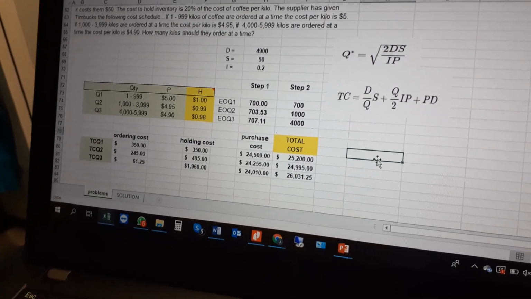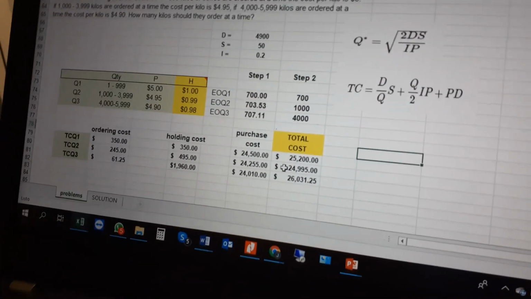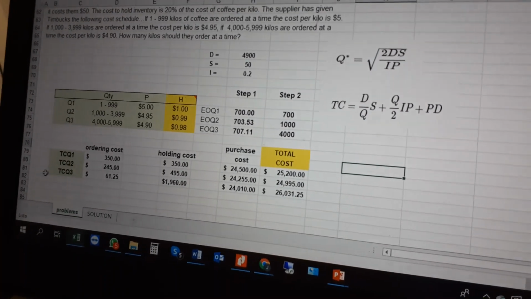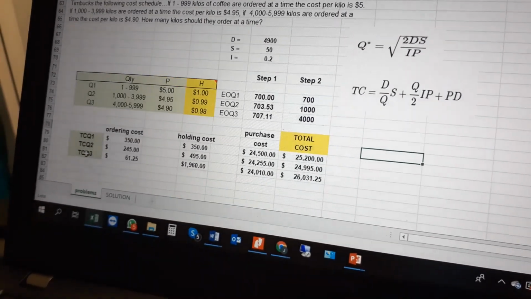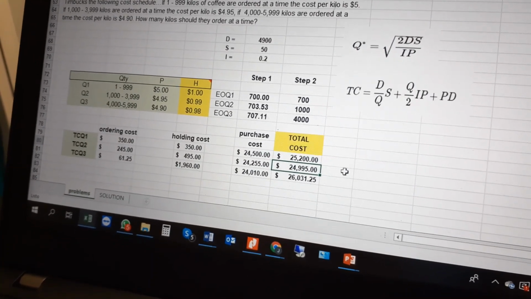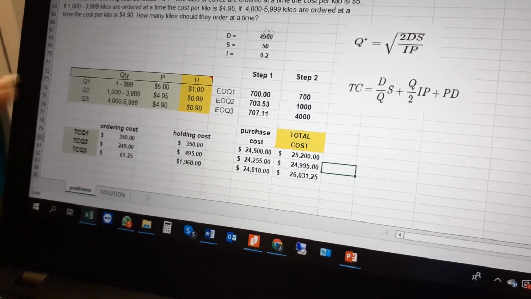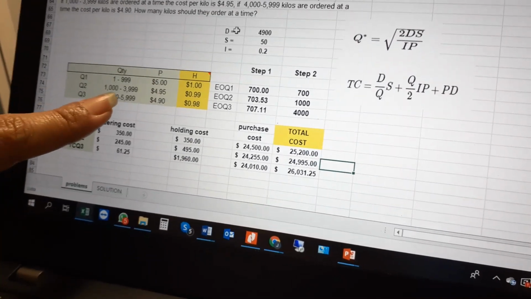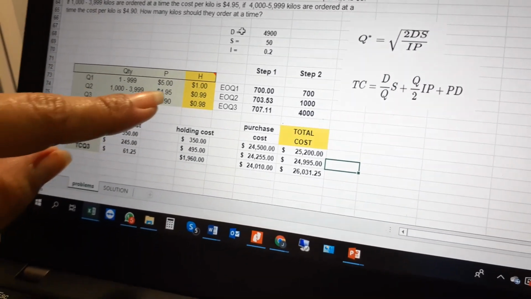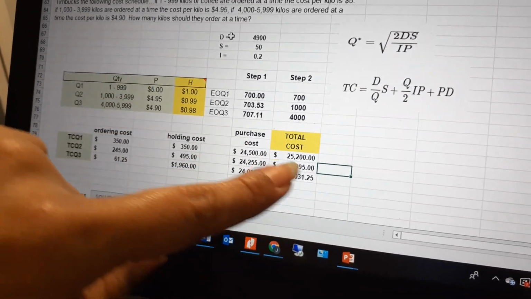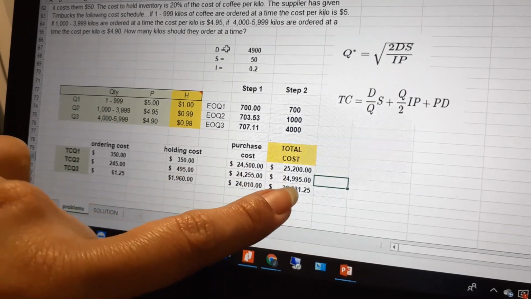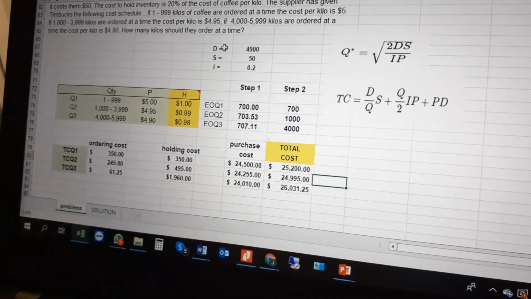Now that we have the 3 total costs for every possible quantity, we discover that the second one, in this case Q2, is the one that gives the lowest total cost. So for the company, it's better to order 1,000 units to get the price of 4.95, and with these values, the total cost is going to be this one. And that's all.